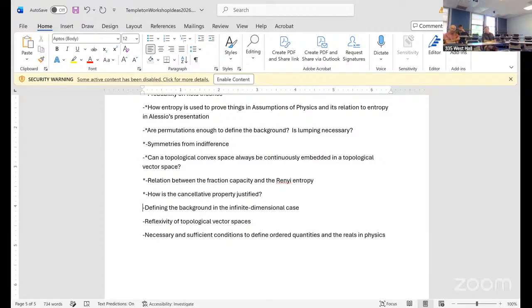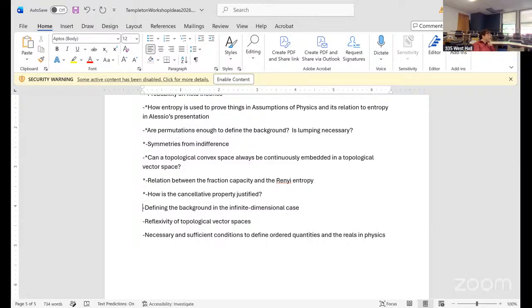So actually, this might connect. In quantum mechanics, if you remember, I was saying how the Hilbert space basically has this problem that you can get unphysical things. You can get sequences that converge to a state, but the sequence of the expectations does not converge to the expectation of the state.